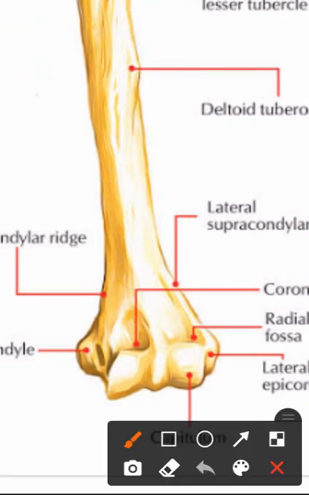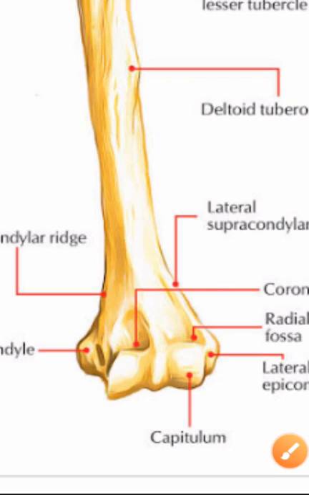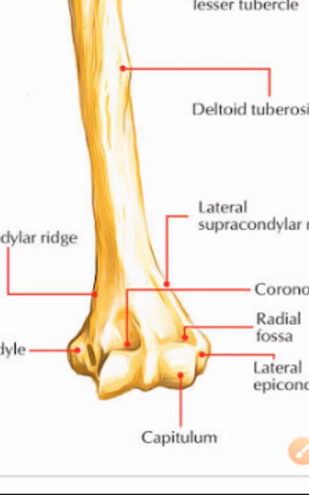As you know, in the forearm there are two bones. One is the radius and the other is the ulna. The radius is present laterally, while the ulna is present on the medial side of the forearm.